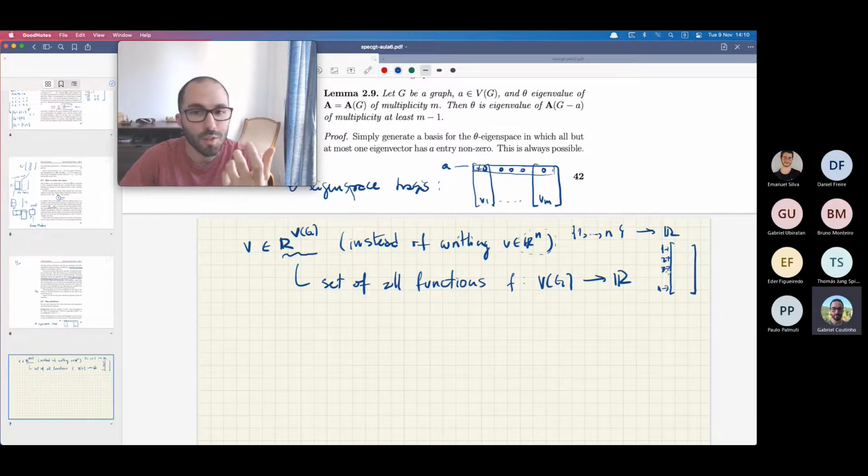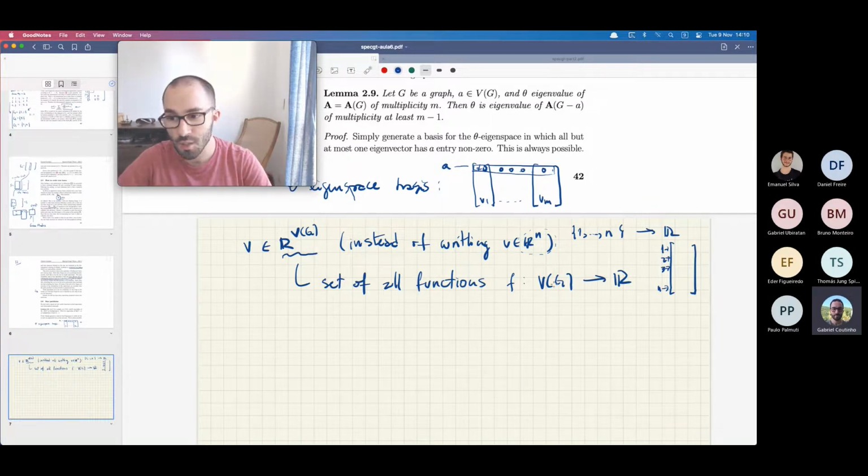Now, there's no difference in interpretation if instead of indexing your vectors by 1 to n, you think of it as the things coming from the vertices of the graph. So an eigenvector is a function that goes from the vertices of the graph to the real numbers.